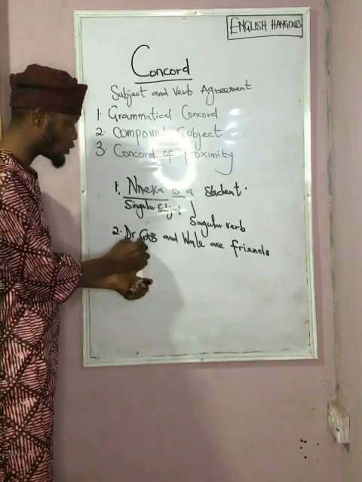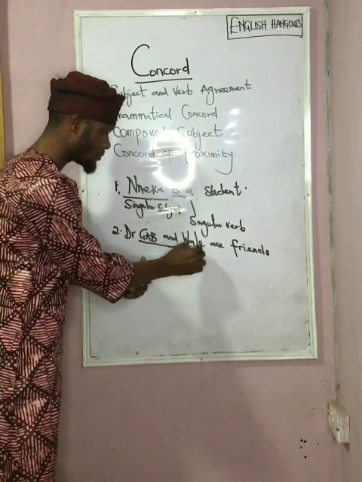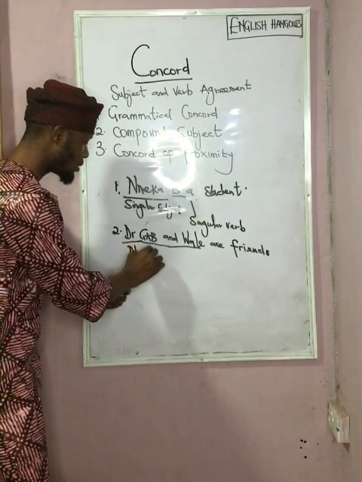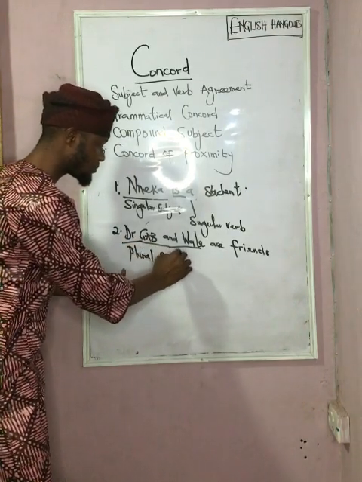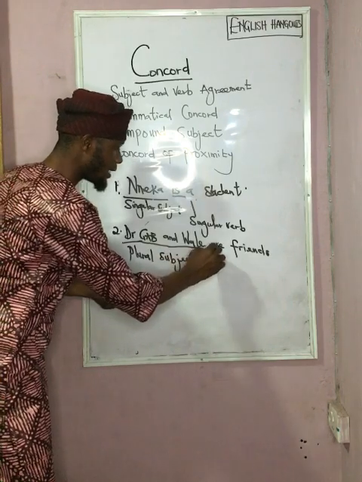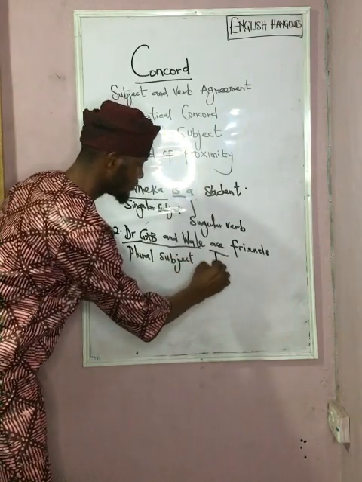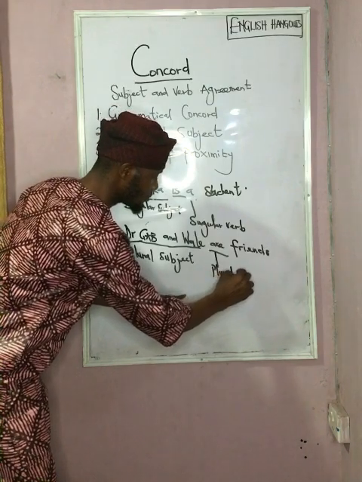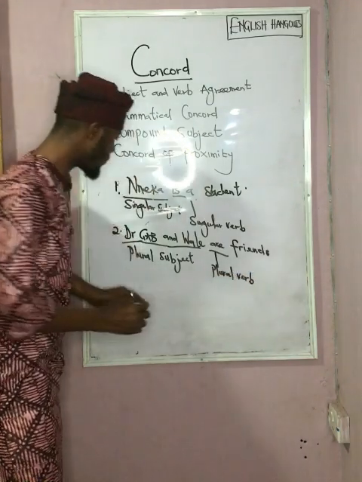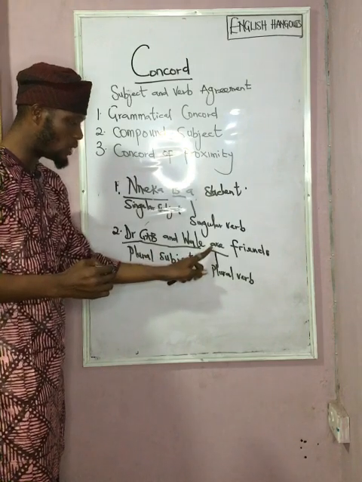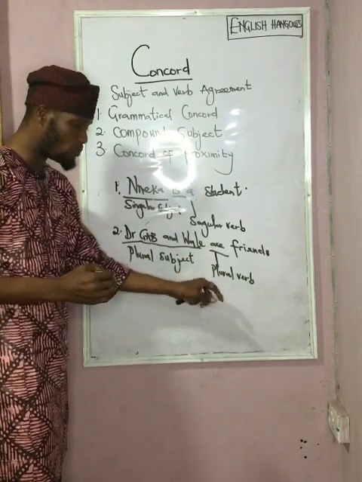This makes this particular sentence plural. Here we have what? A plural subject. Are here is also a plural verb. Therefore, this subject, which is plural, agrees with the verb, which is also plural.